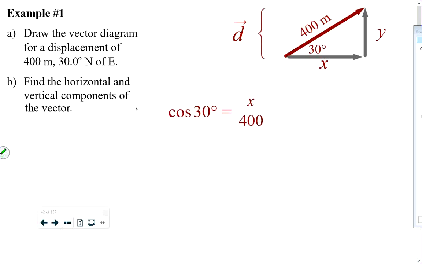So cosine of 30 degrees is adjacent over 400. This is a grade 10 trigonometry question at this point. And notice I'm using cosine to find the horizontal. Sine of 30 degrees is y over 400. So in order to solve this, and just a quick note, I'm weird this way.